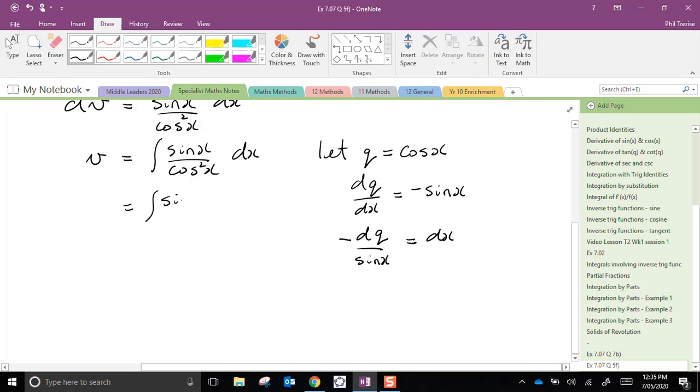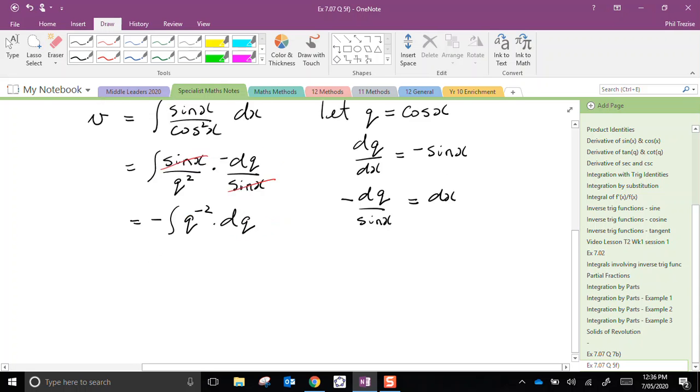So I have sine of x in the numerator. I will write this as q squared instead of cosine squared, and dx now becomes negative dq over the sine of x. So we can cancel the sine of x there, and we end up with negative integral of q to the power negative 2 dq.